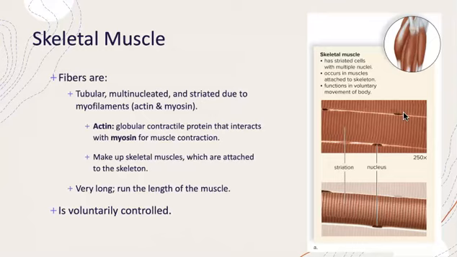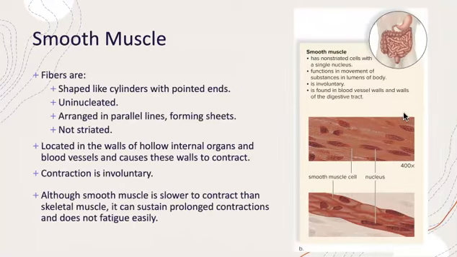Now, skeletal muscle is under voluntary control, meaning that with conscious thought, we're able to contract these muscles and cause movement to take place. Whereas with smooth muscle and cardiac muscle, it is involuntary.